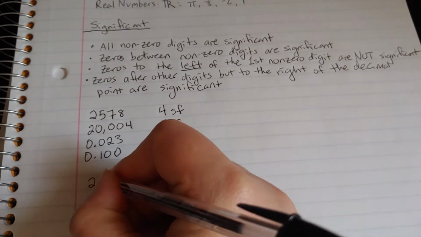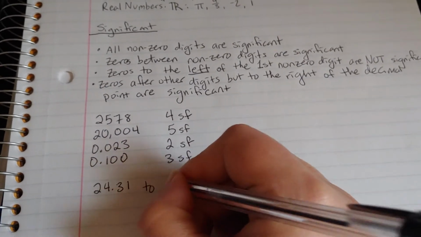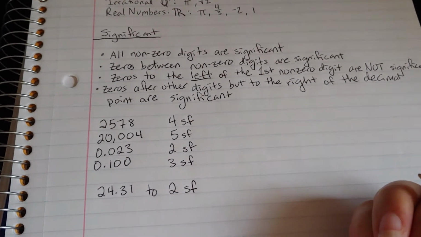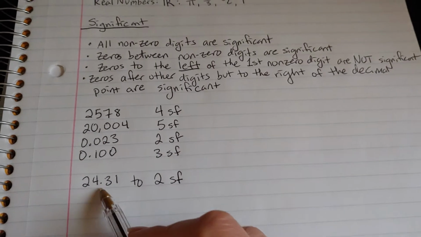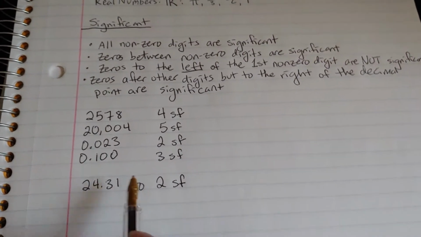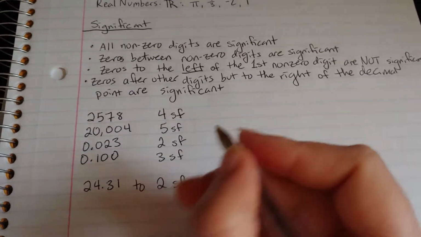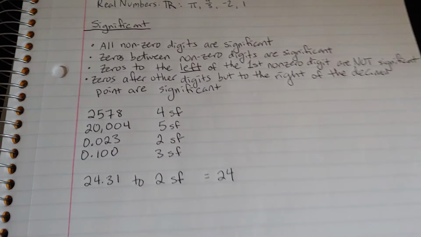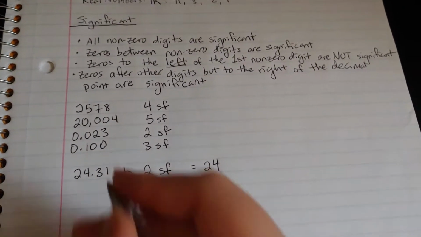Let's write 24 and 31 hundredths to 2 sig figs. Right now it has 1, 2, 3, 4. To take it to 2, I round to the nearest whole, which is 24.